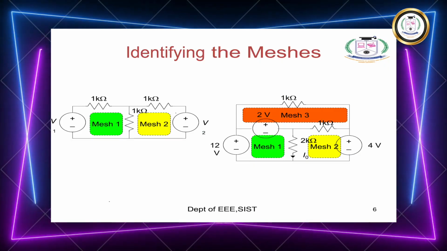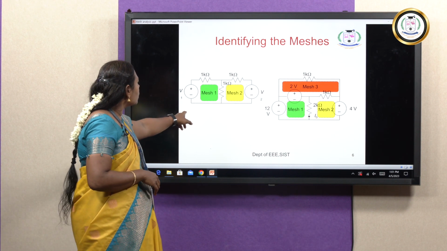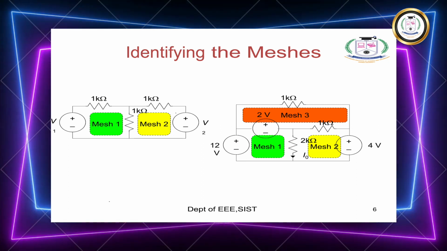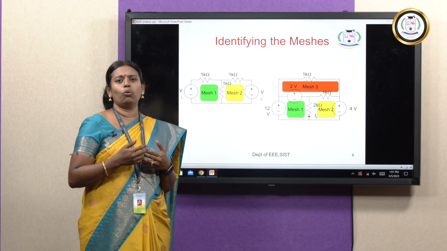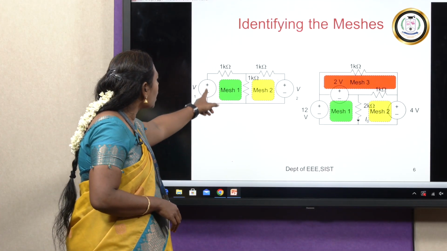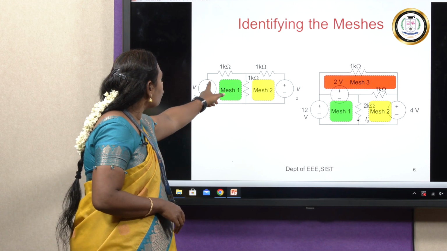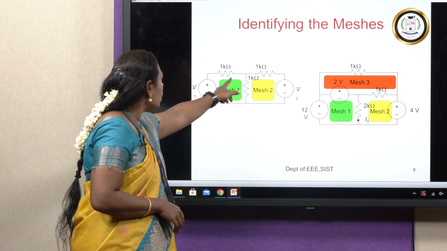Now we can learn how to identify the meshes. Let us take this circuit. In this circuit you can see two loops. A loop is nothing but a closed path. Each and every loop we are going to assume as a mesh. In this circuit we have two loops, so these two loops are considered as meshes. The first loop consists of voltage source V1, 1 kilo ohm, 1 kilo ohm.